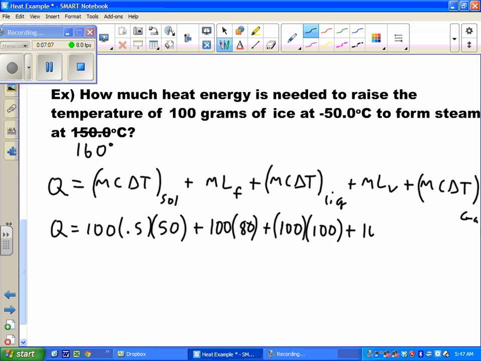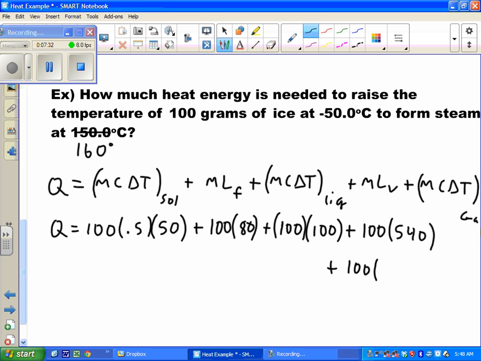Plus, our mass is still 100. L_V is a constant. It is the constant I gave you at the top, which was 540. All right, and this last term, we have the mass, which is 100.